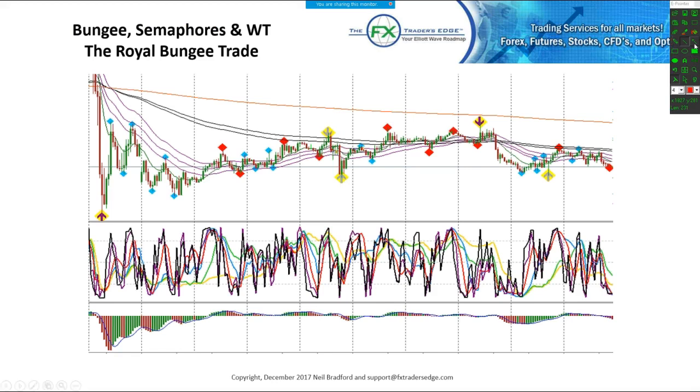Right, let's go back to this one. We know now that price is not going above that line until after it's gone below that level and given us a royal.